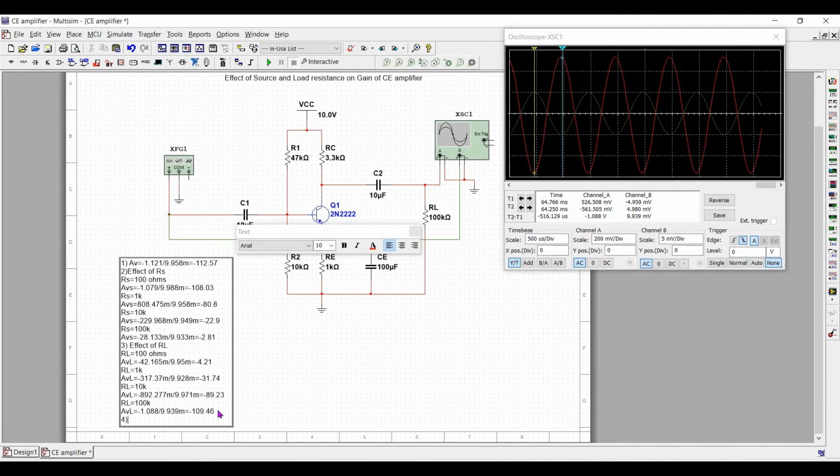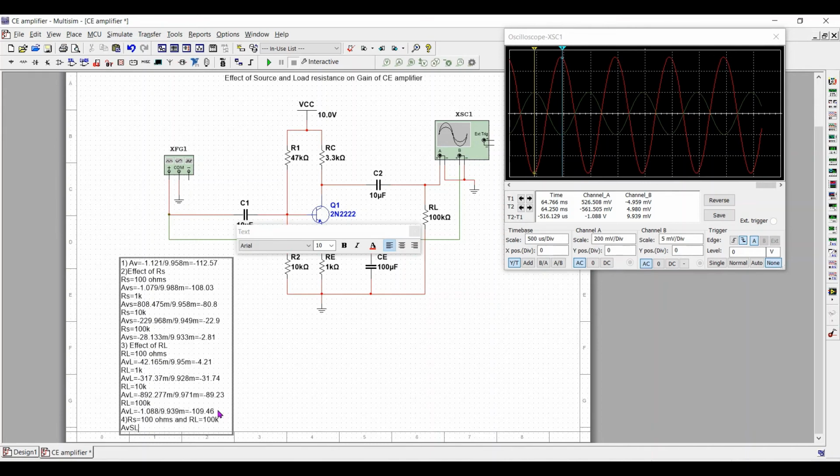Let's keep Rs equal to 100 ohms and RL equal to 100k, and observe what is the output. This output is the output gain. So this is known as AVSL.